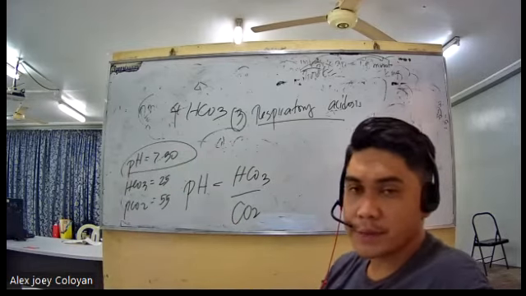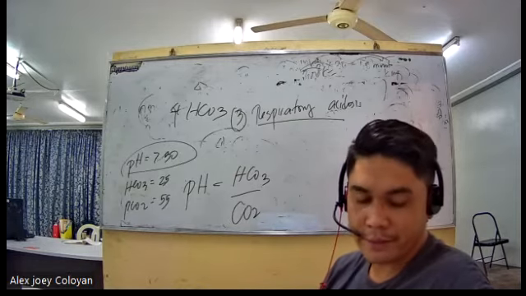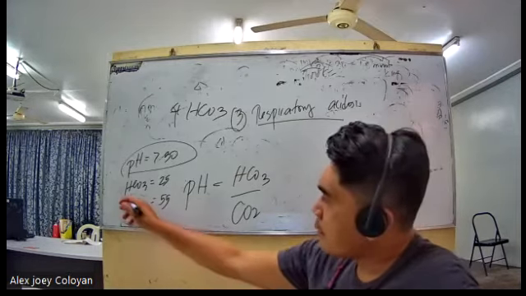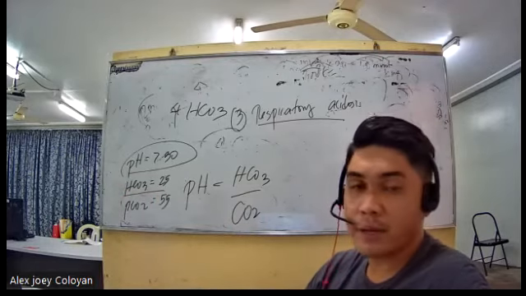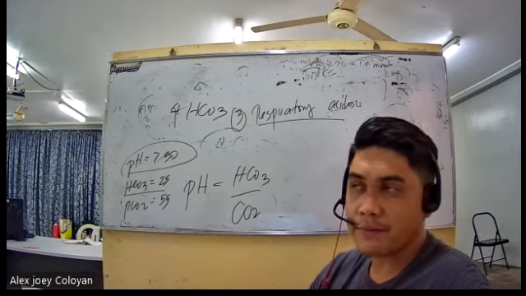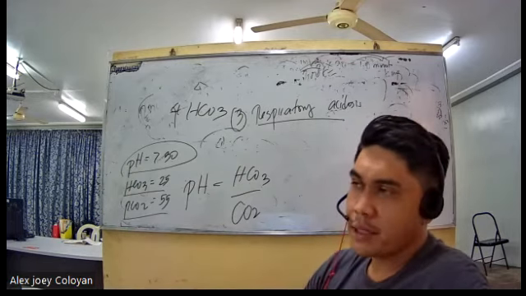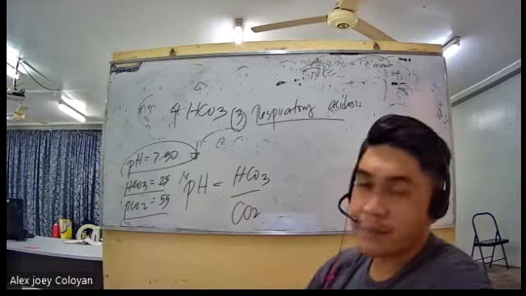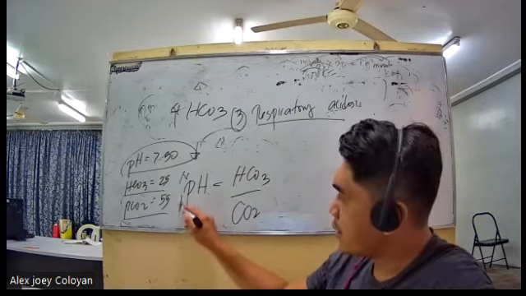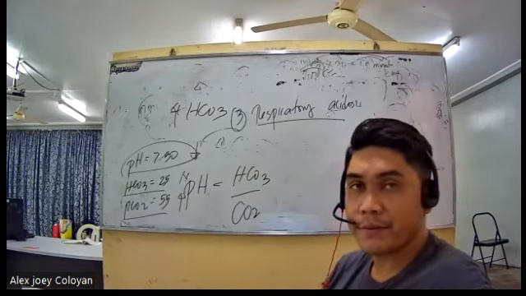The reference range for pH is 7.35 to 7.45. The bicarbonate level is within the reference range, which is 21 to 25. And PCO2 is increased because the reference range for PCO2 is 35 to 45.